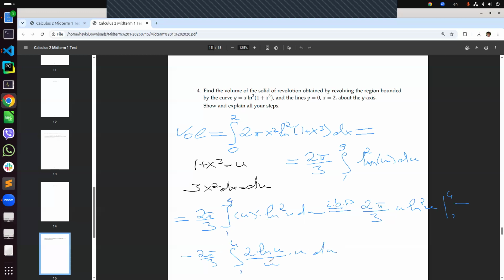So u will cancel with u, and it remains log u. And how can we calculate the integral of log u? Initially we had log u squared, now we have just log. The same trick, integration by parts.